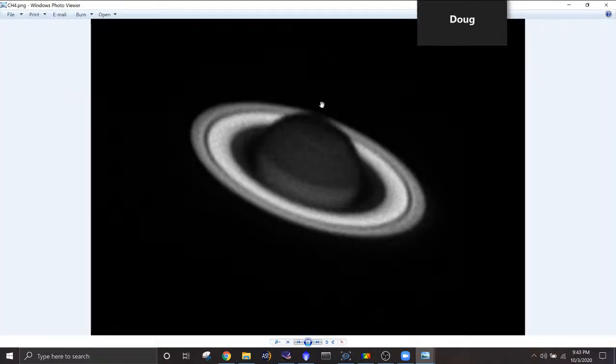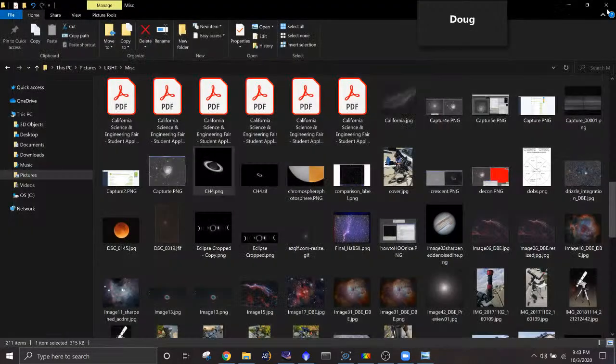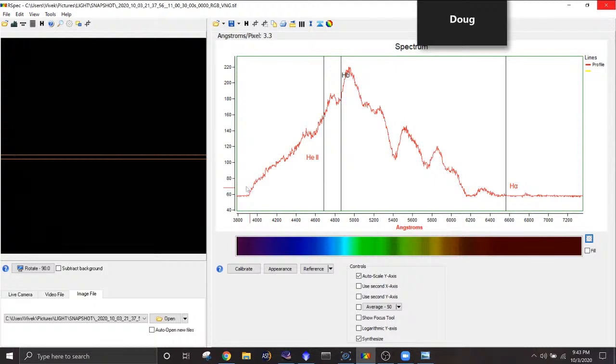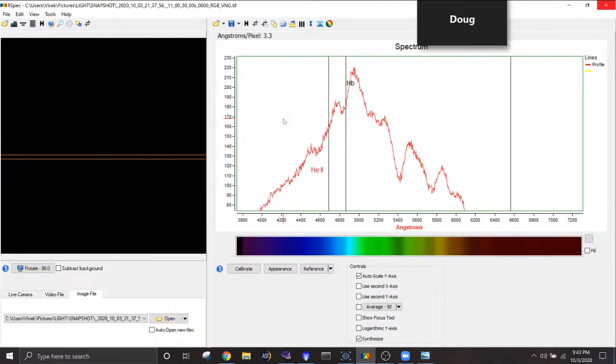Can you see that? So this is Saturn in the methane band filter, and you can tell the rings don't have methane. You can see differentiation in the bands based on their methane concentration. For Jupiter, you can do the same thing. I don't think I have it here right now, but there's a lot of interesting things you can do with spectral lines.